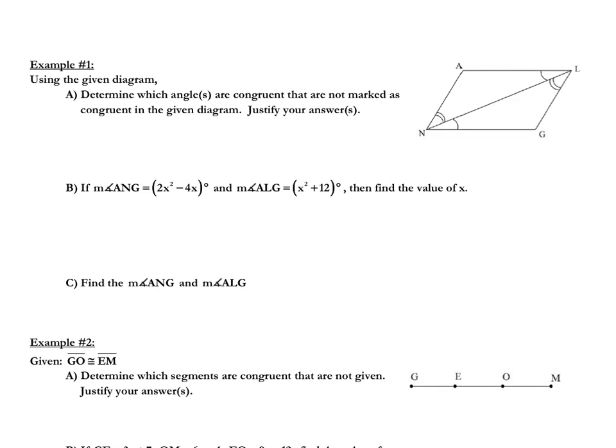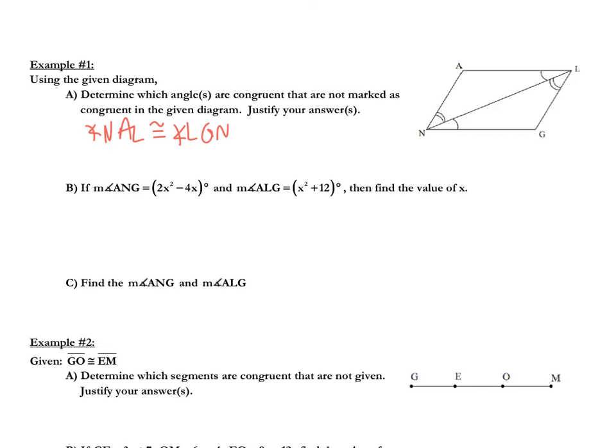It says determine which angles are congruent that are not marked. Justify your answers. Well, we can say that angle NAL is congruent to angle LGN. The reason being is because triangles are made up of three angles, right?